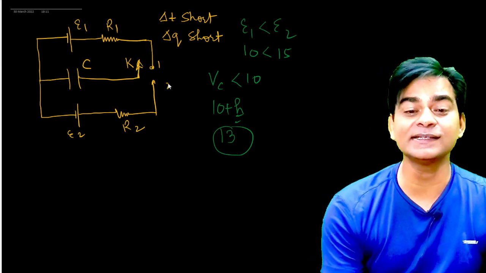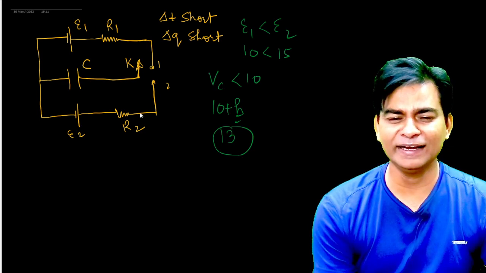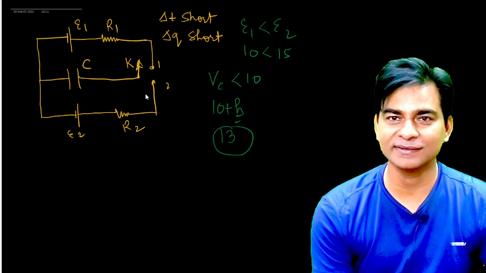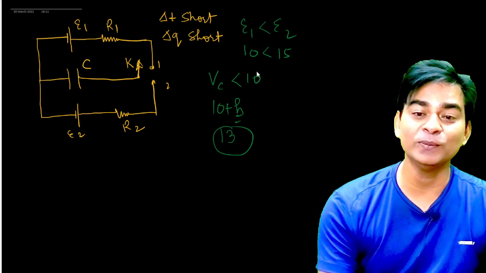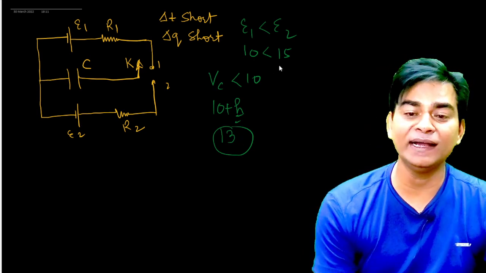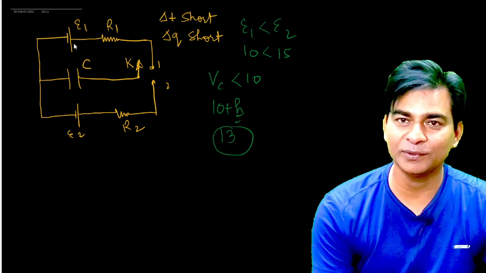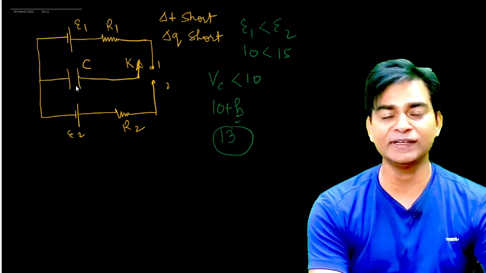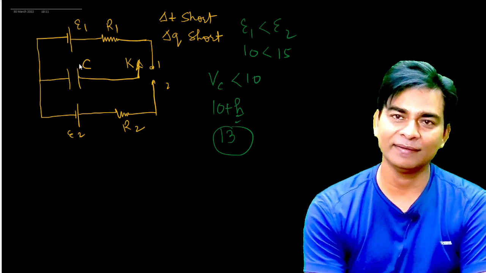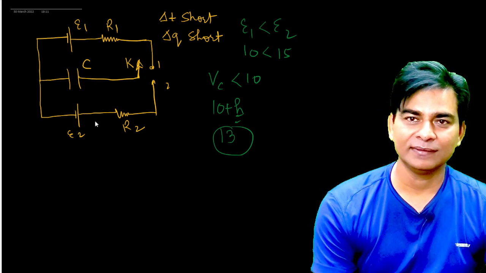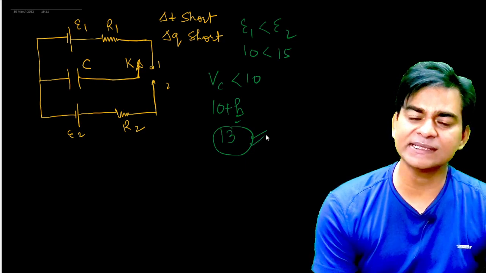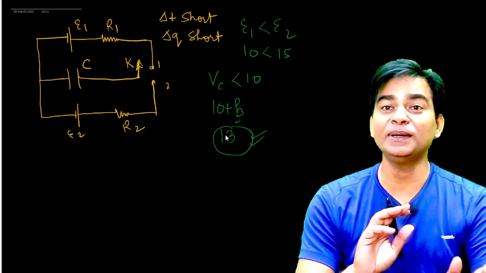And when I connect this key to 2, it will gain a little charge, because now the difference is going to be similar. There is a 2-point difference between the potential of the capacitor and this battery, and here there is a 2.3 or 2-point difference. Not exactly these numbers are important, but the situation is important.